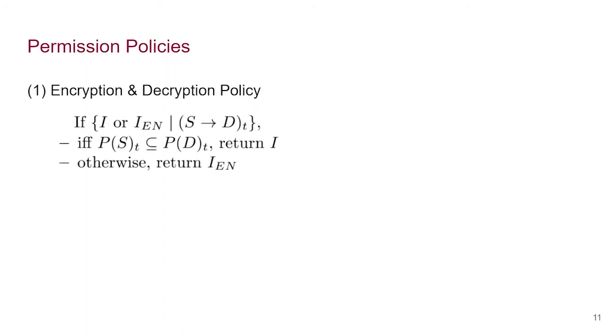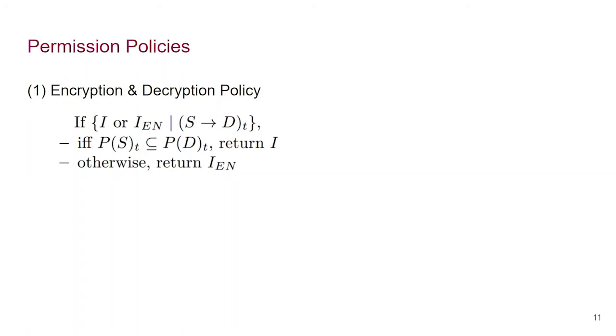Let's look at our permission policies. We use the Android permission sets of the source and destination apps to determine whether or not to return encrypted data. Here are the encryption and decryption policies. The letter I represents intent and I_EN represents encrypted intent.